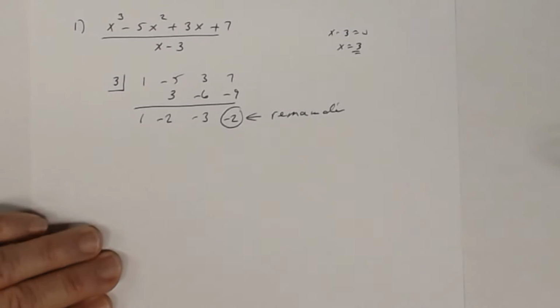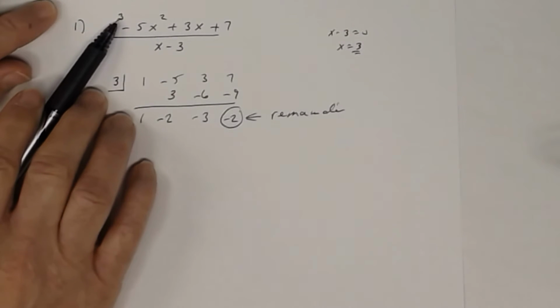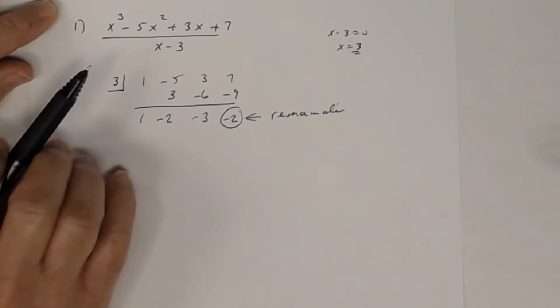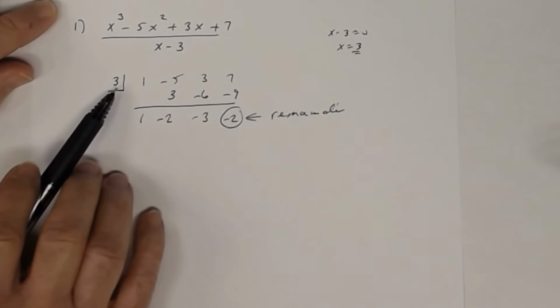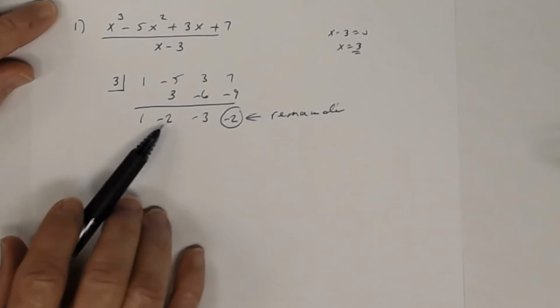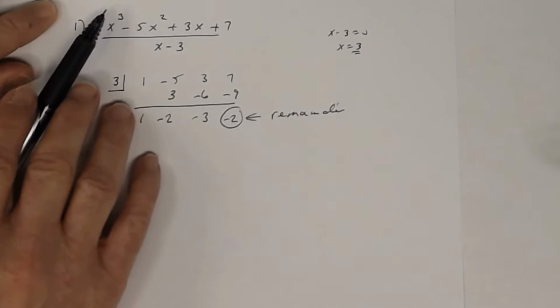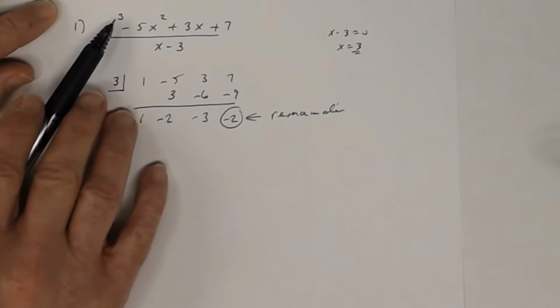Now, let's talk about the quotient. You're taking x cubed and dividing it by x, so x cubed divided by x is x squared. Every time, the largest exponent of the quotient will be 1 less than the largest exponent of the numerator.